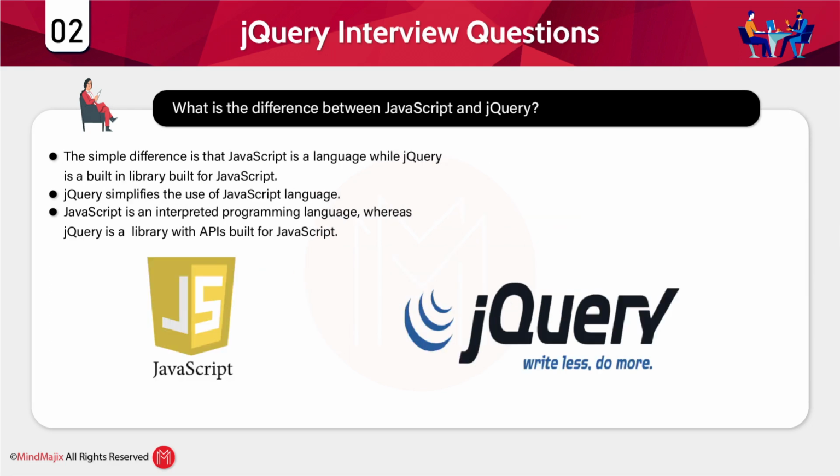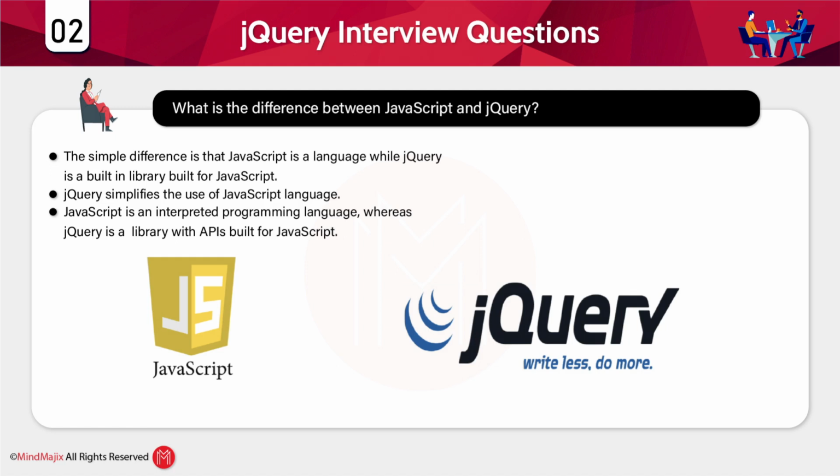So coming to our very next top question, what is the difference between JavaScript and jQuery? This is the second question which everyone asks us. The simple difference between jQuery and JavaScript is that JavaScript is a language while jQuery is a built-in library built for JavaScript. jQuery simplifies the use of the JavaScript language.